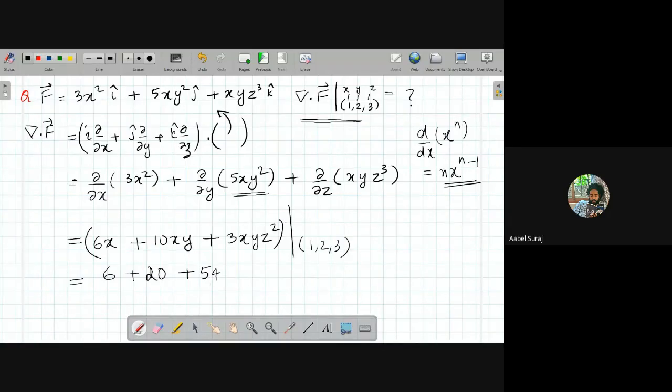This is 3 square, that is 9, and 9 into 2 is 18. So 6 plus 20 plus 54 is 80. The answer is 80. Everybody got this answer? Yes, sir.